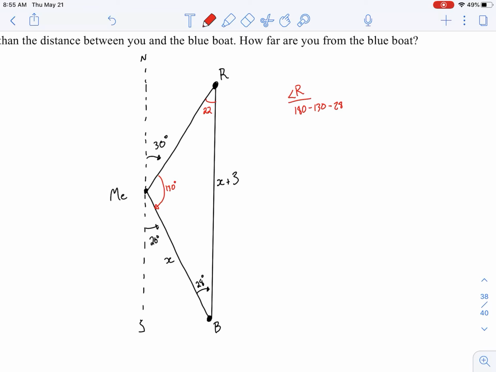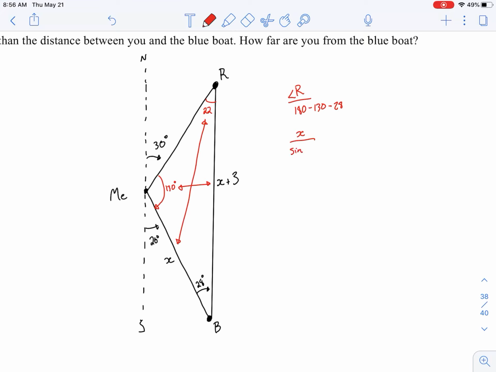side length x. So I'm thinking, okay, here's my complete ratio of side me to R, inside R. So I'm going to use sine law. So let's say our unknown is x. I'm going to put that on the numerator.